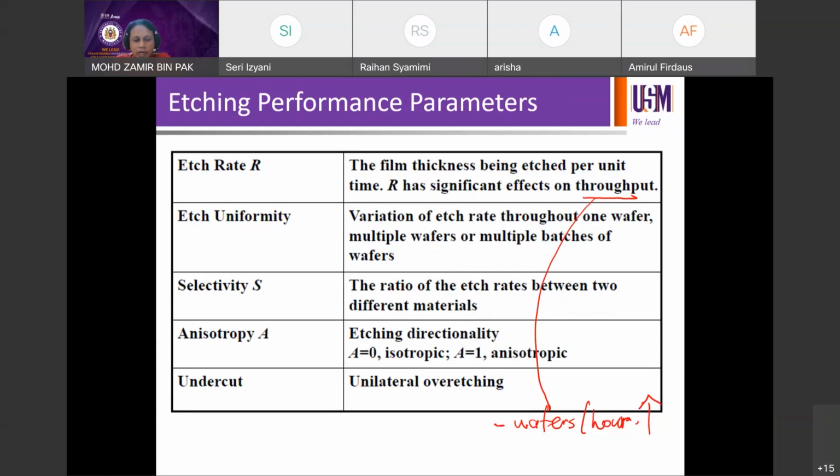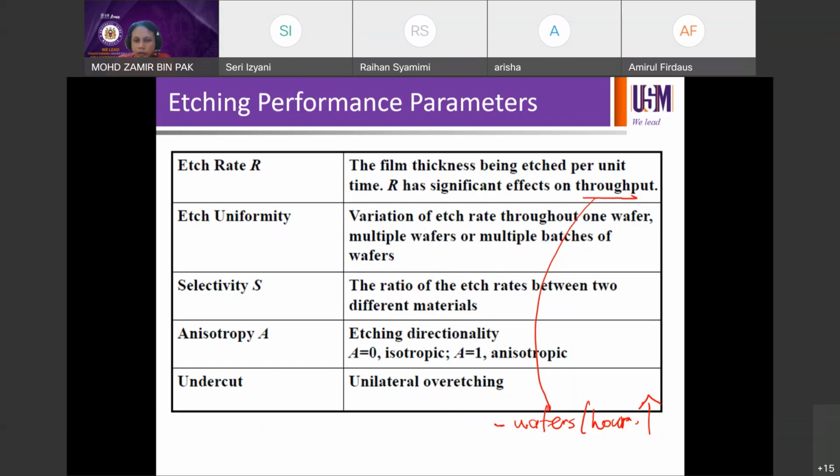Second one is etch uniformity, the variation of etch rate throughout one wafer. Just like what we discussed yesterday, it can be throughout one wafer, wafer to wafer, across different batches, or across different equipment, for example.